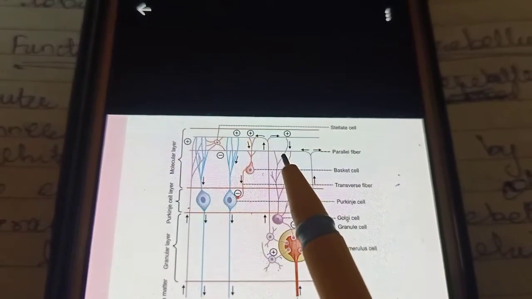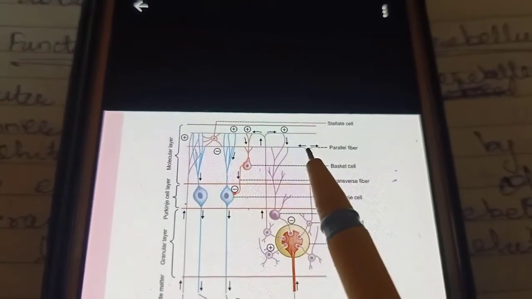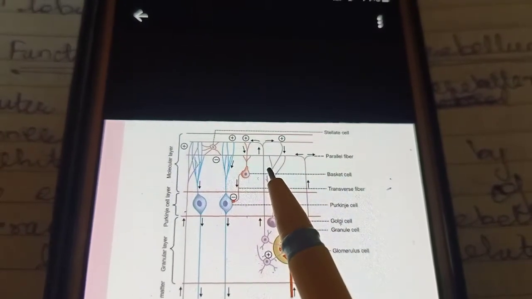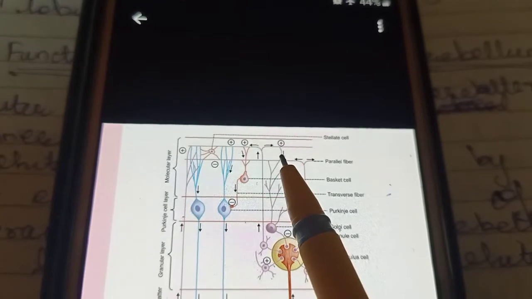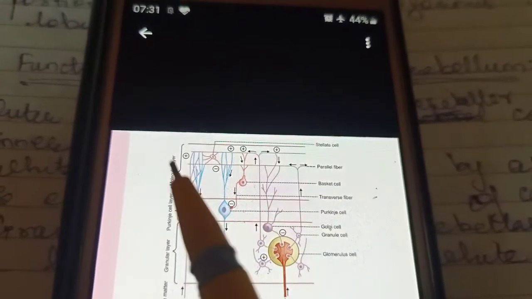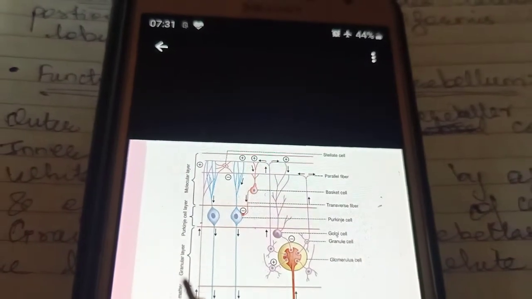So these are the various connections or cell junctions.